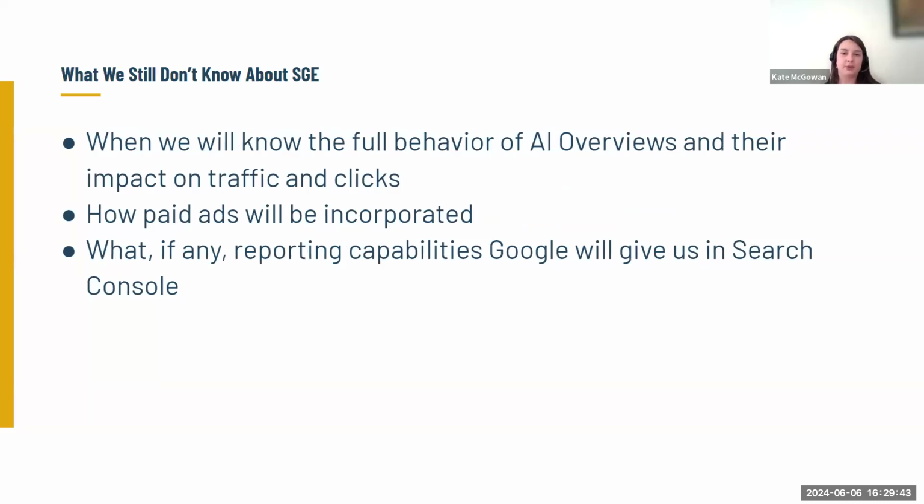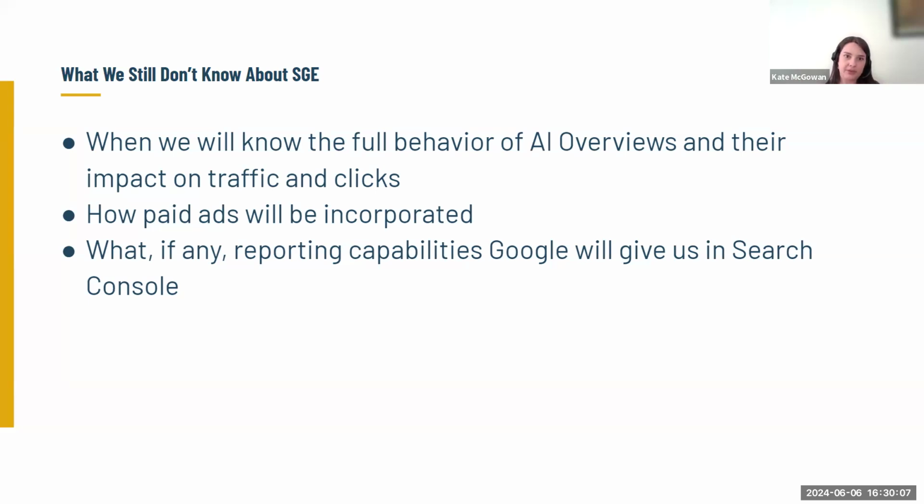But what we still don't know is when the full behavior of AI overviews will be understood, when they appear and how they appear. We also don't know, like we just mentioned, their full impact on traffic and clicks. We still don't have a solid answer on how paid ads will be incorporated into the AI overview or how they will be presented alongside it.